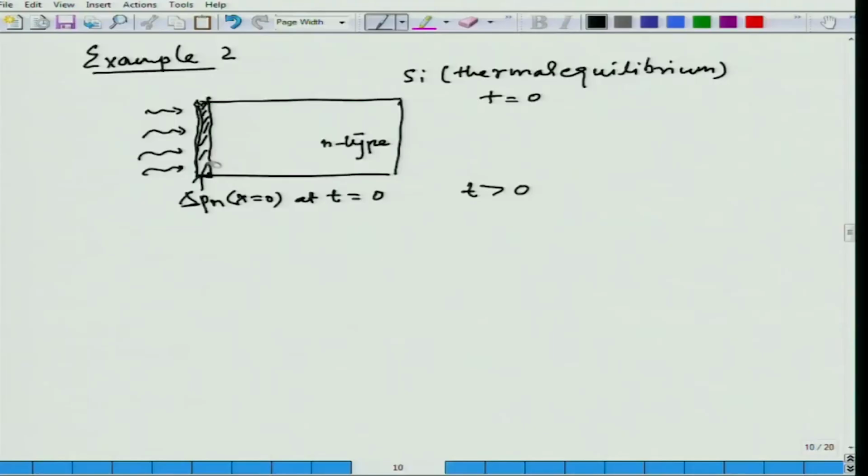Again, it is a problem of minority carrier diffusion, so we write the minority carrier equation for this. It is not going to be a steady state solution, because the concentration of the carriers here is going to change with time, so we are looking for a transient solution.